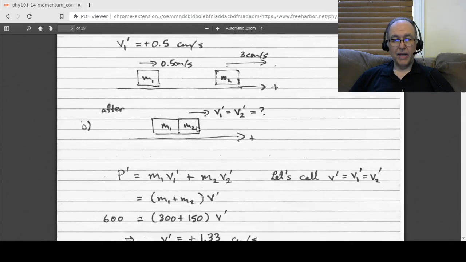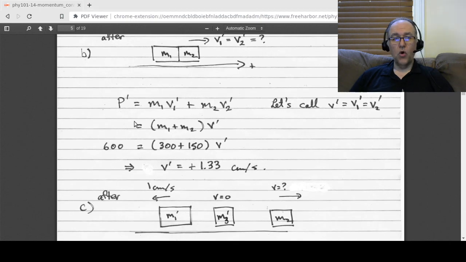The after picture has the two masses, M1 and M2, stuck together, and both of their velocities, V1 primed and V2 primed, prime meaning after the collision, are equal to one another and unknown. That's what we're solving for. So we know that P primed is the same as P: the total momentum before and after are the same. That's 600 gram centimeters per second.